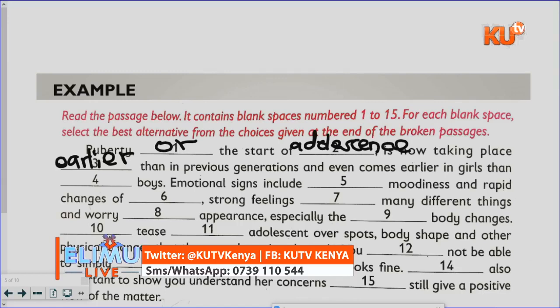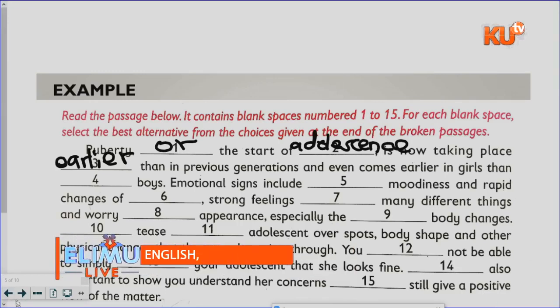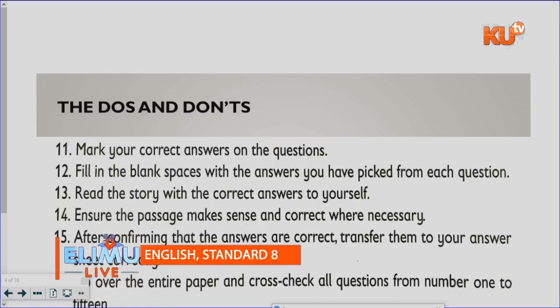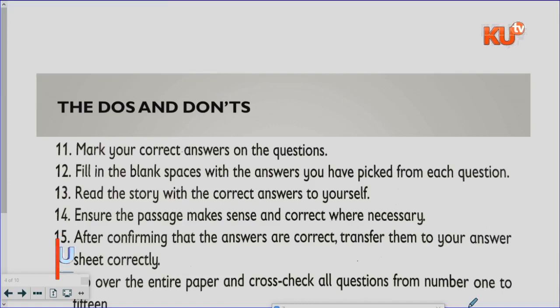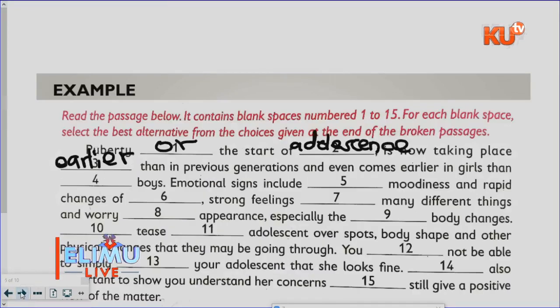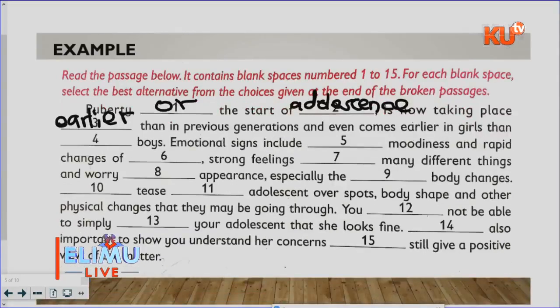So next, after filling in, is now read the story with the correct answers to yourself. What does that mean? It means you go through your story. For example, this one here.